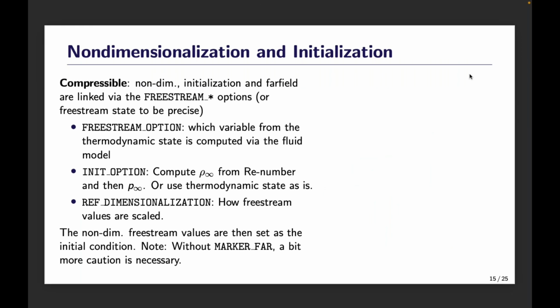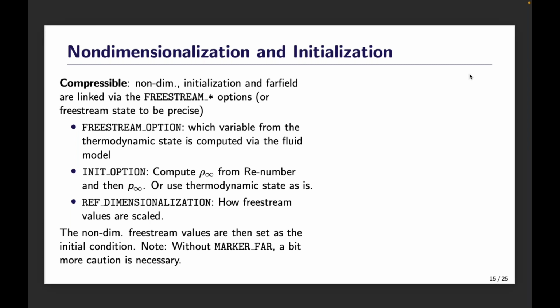And now a little bit to the specific setup, because especially for compressible flow, the non-dimensionalization and the initialization is somehow linked. And when I looked at the code, I pretty quickly got lost and scratched my head about what's actually going on.